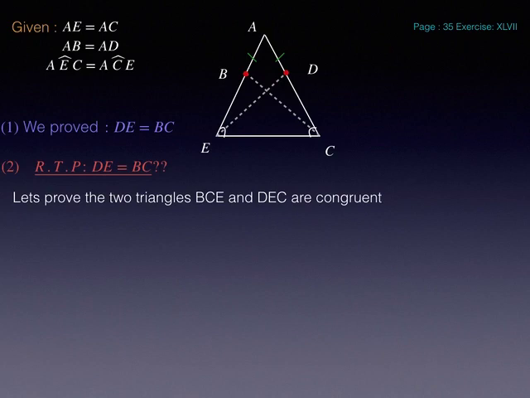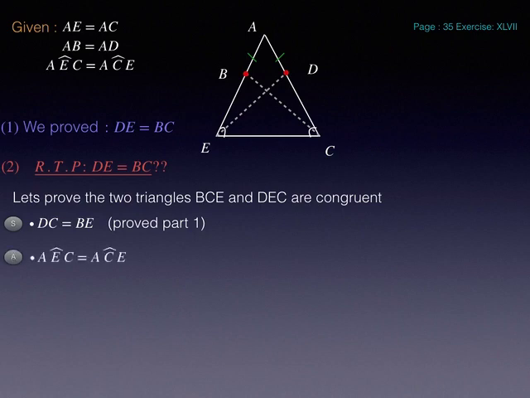So the first thing to realize is that we have the two sides DC, which is a side in the triangle DEC, equal to BE, that is a side in the triangle BCE. These two sides are equal because they are proved in part 1.